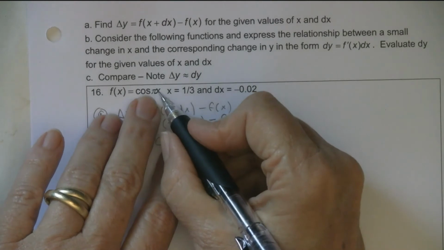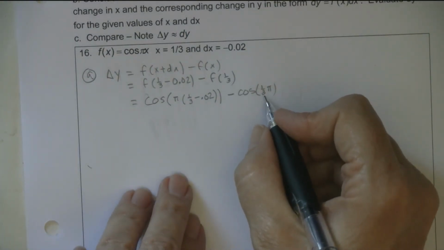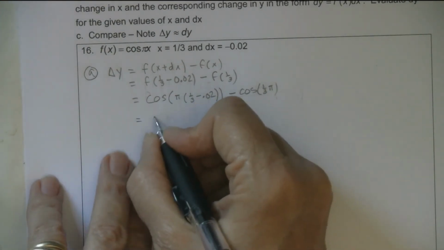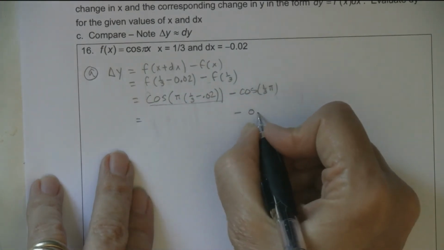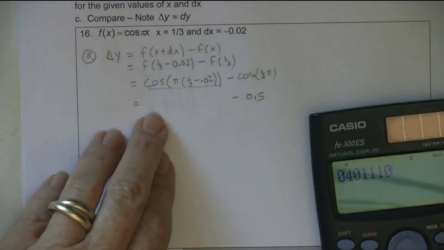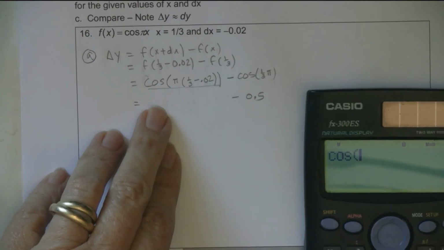So pi times 1/3, 1/3 pi. And so the cosine of 1/3 pi is 0.5. And the cosine of this, well, I don't know, minus 0.5, right? And so I'll use my calculator to find that. So make sure your calculator's in radians.